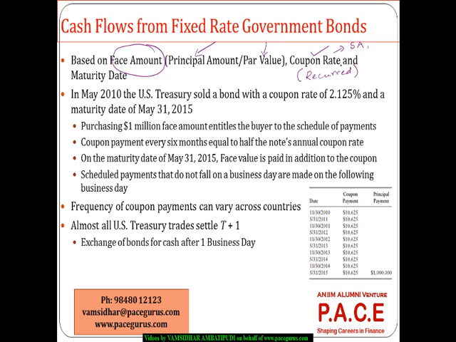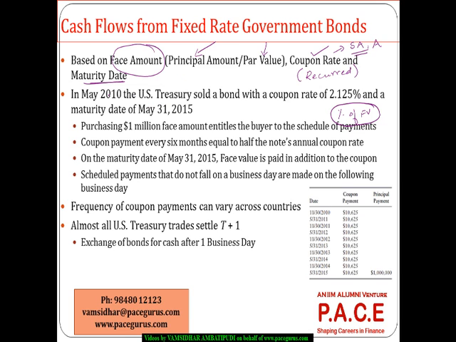It is generally some percentage of the face value, paid at every semi-annual period or in some cases annually. That is called a coupon. And there is a maturity date very clearly mentioned for each of the fixed income securities.